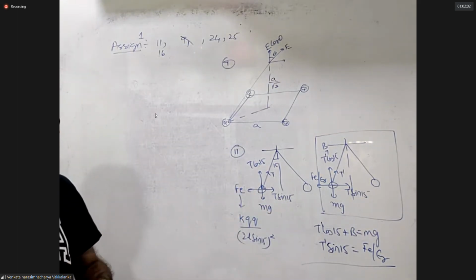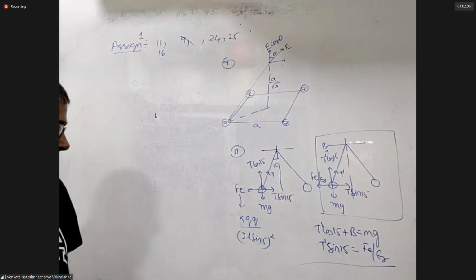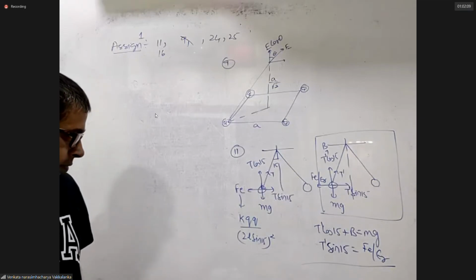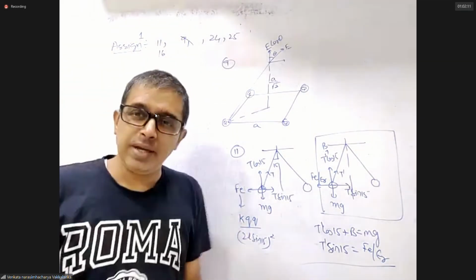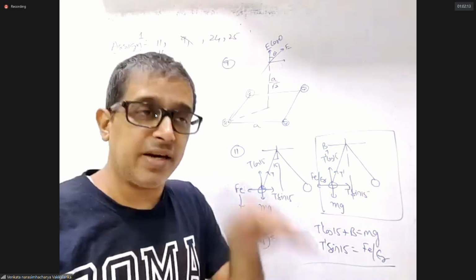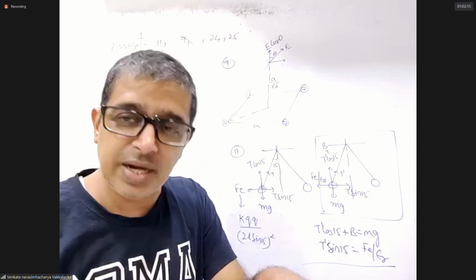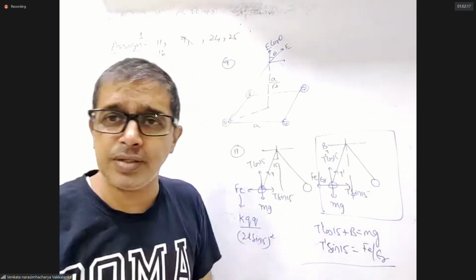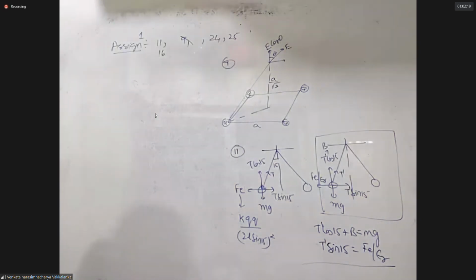Sir, just a small doubt. Sir, we can take components of tension only when it is in equilibrium, right? Not when it's moving. It is moving, so in whichever direction it is accelerating, if you take components in that direction, equate it to mass into acceleration. So when there is tangential acceleration, we cannot take the components of T. Naturally.